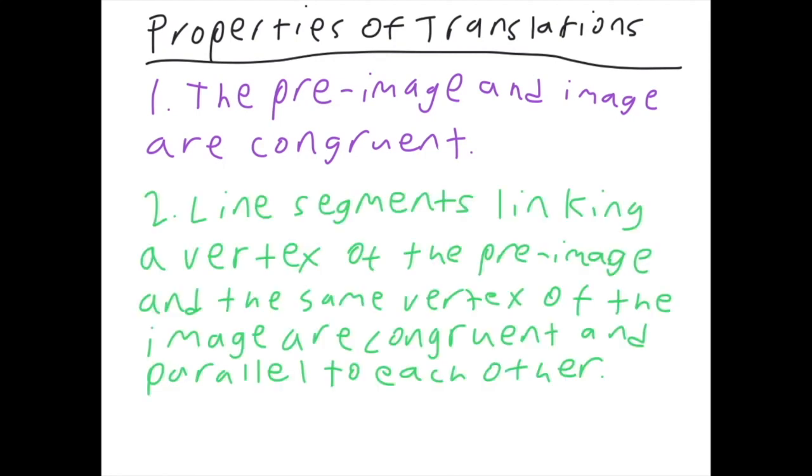And the second property is that line segments linking a vertex of the preimage and the same vertex of the image are congruent and parallel to each other. That means the translation vector at each vertex is congruent and parallel to every other translation vector from every other vertex. We'll talk more about those once we start drawing them.